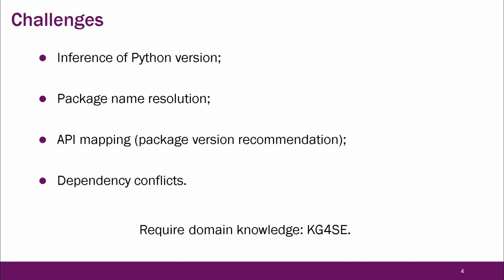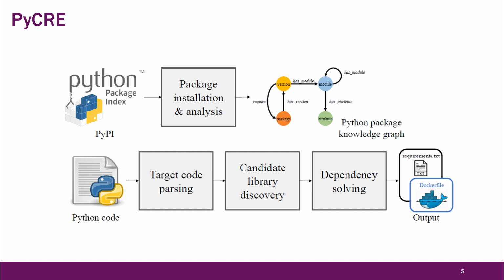In a word, the challenges are essentially the lack of domain knowledge. So we consider it as a task of knowledge graph for software engineering. This is an overview of our approach, PyCRE. The upper portion of the figure shows the construction of our Python package knowledge graph, which maintains a great deal of domain knowledge.